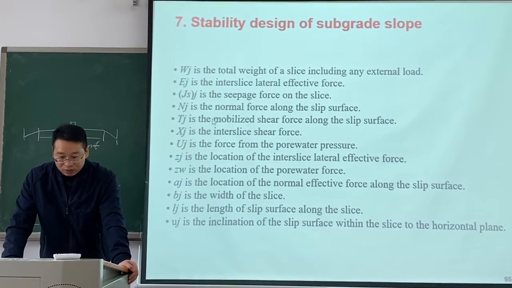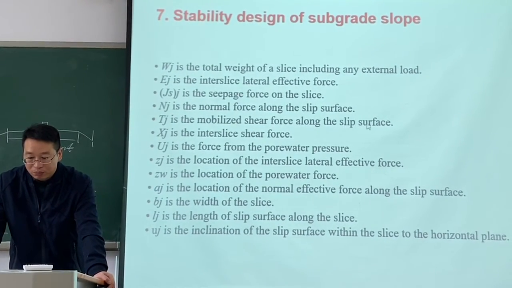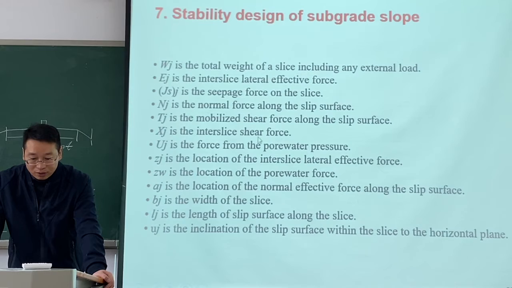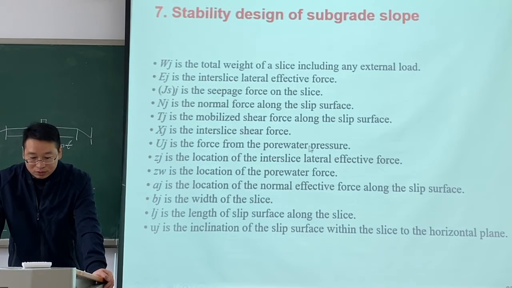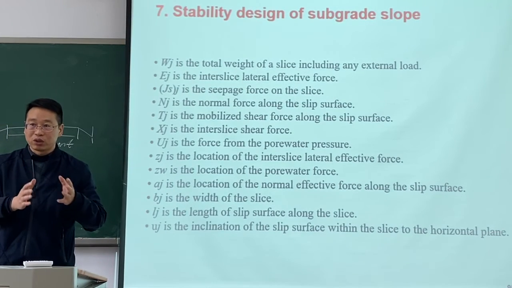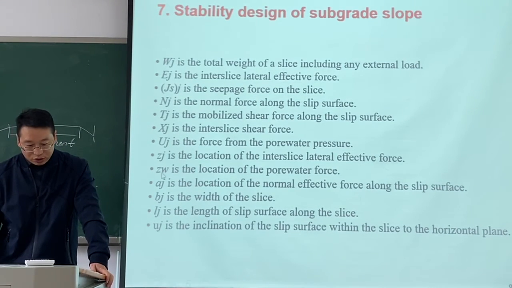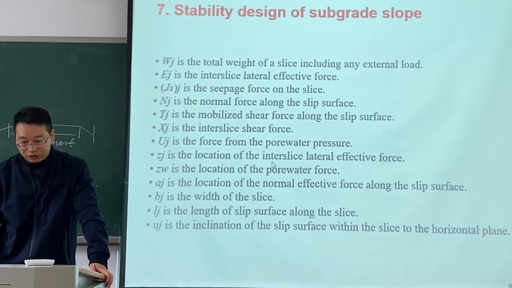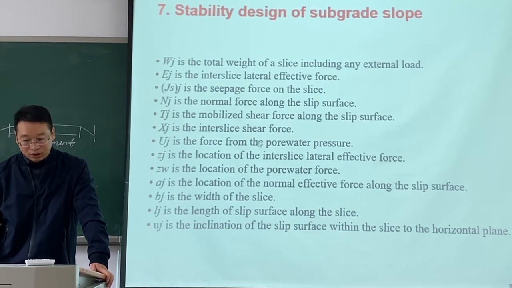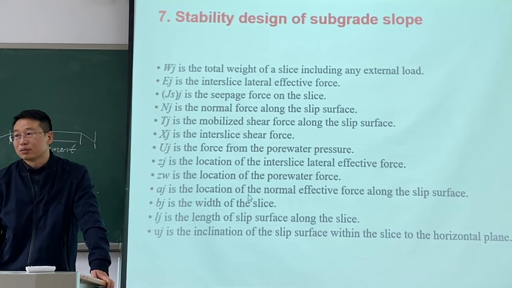Tj is the mobilized shear force along the slice slip surface. And Xj is the inter-slice shear force. Another is water pressure, U, on one side and the other side of the slice, and the location. Jw is the location of the inter-slice normal effective force and the pore water force. And we can know what each of the parameters means.